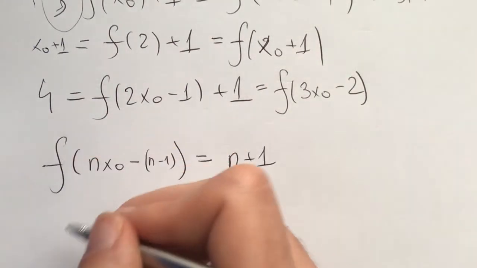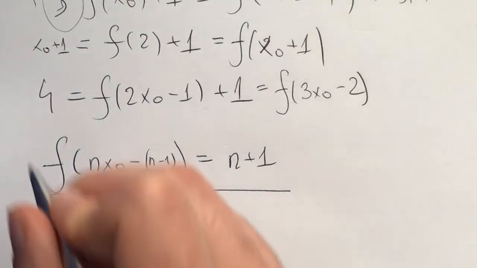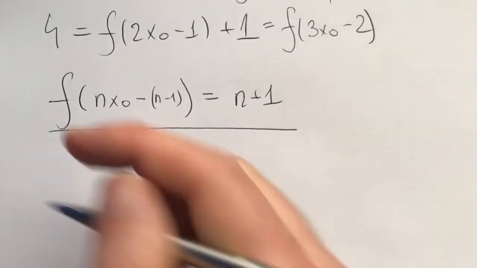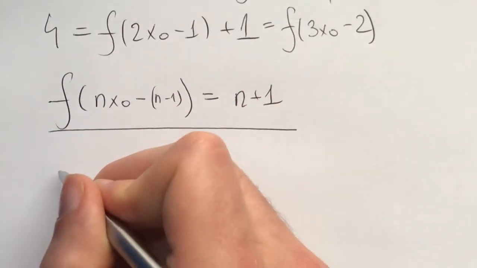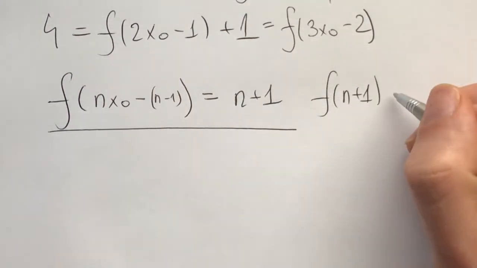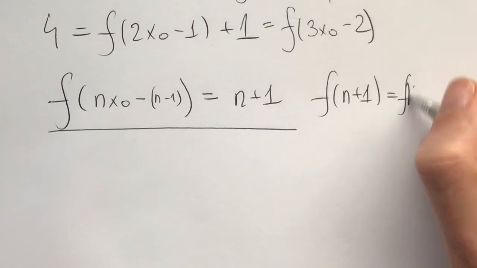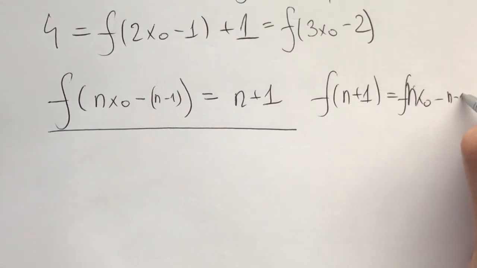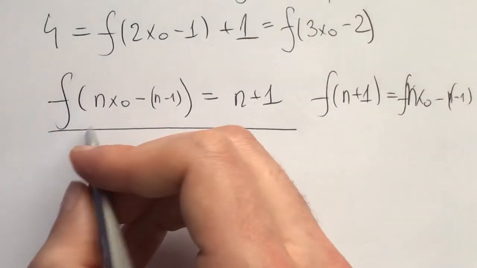Now, how do we prove this? Say this is true for n, assume it's true for n, then for n plus 1, we will also get f of n plus 1 will be equal to nx0 minus n minus 1, which we'll use later.